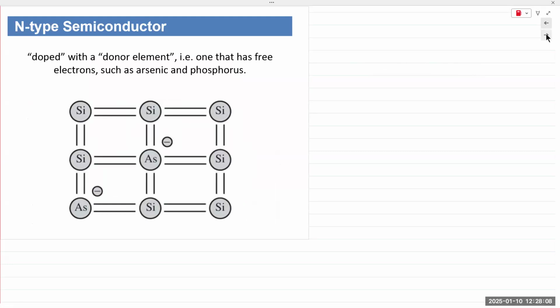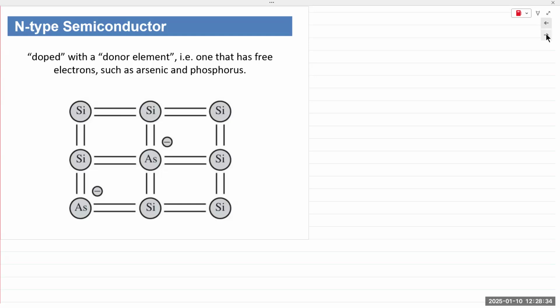So silicon is from column 4 of the periodic table, with 4 electrons in its outermost shell. If you introduce a dopant impurity element from column 5 of the periodic table, 4 of those 5 electrons will form a bond with the silicon atom.